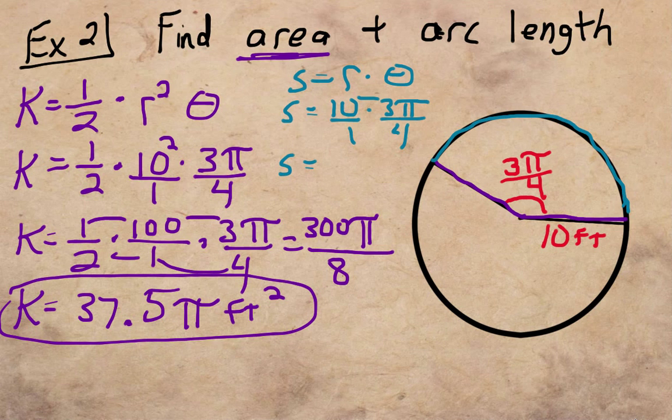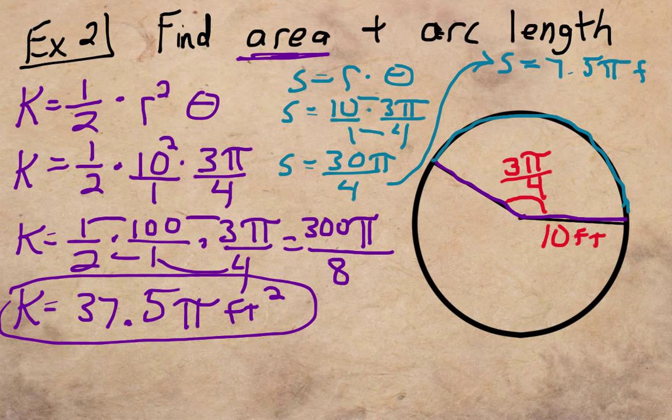I just multiply the top. 30 pi over 1 times 4 is 4. And you can literally just take 30 divided by 4 and get 7.5. Don't forget pi and feet.